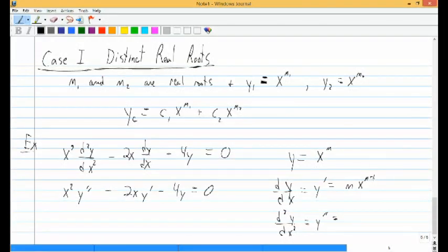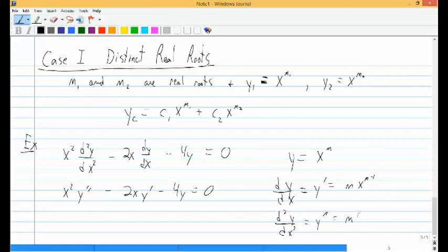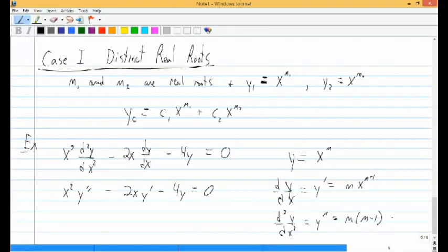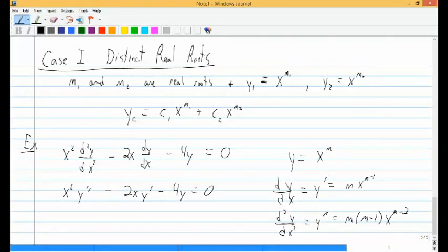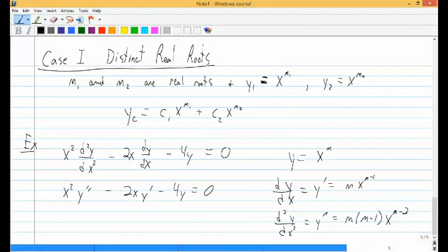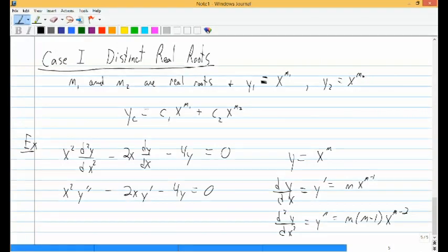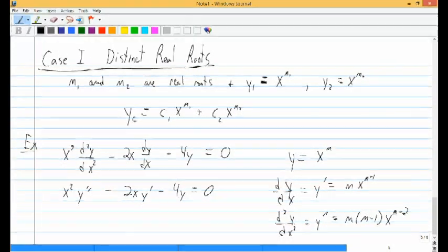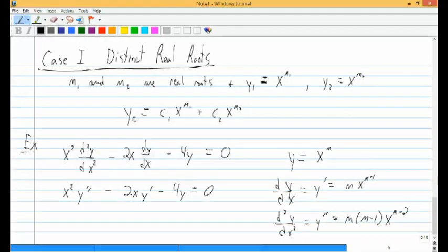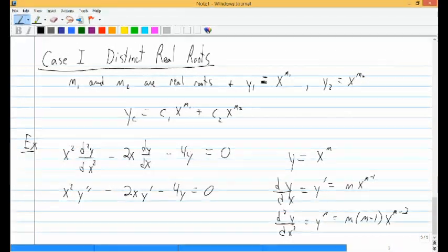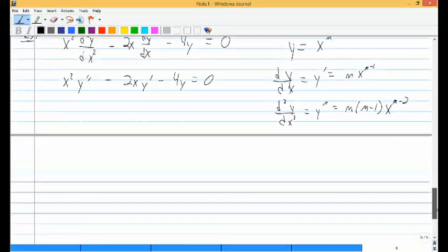I would take the derivative of the first derivative again, and I would get m times m minus 1 times x to the m minus 2. Now, if I take my differential equation and plug in my second derivative, my first derivative, and y, what would it look like?